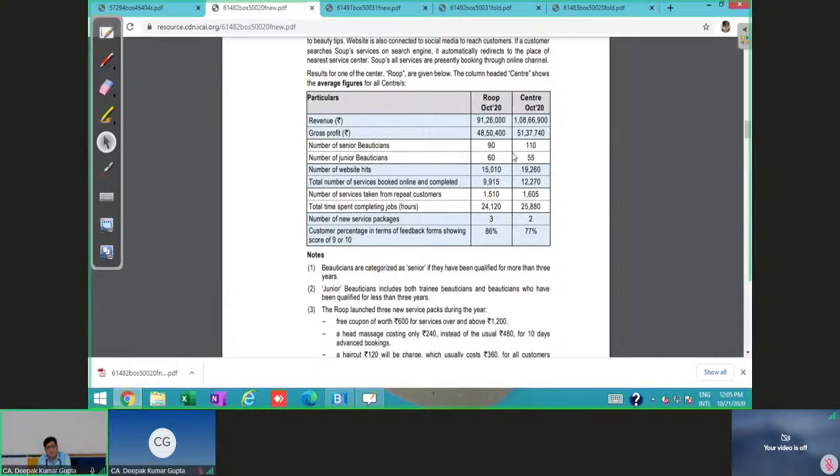The average center's ratio is 2, but Roop's ratio is less. This may be another reason for the higher gross profit ratio, because for junior beauticians we are paying a lesser amount.